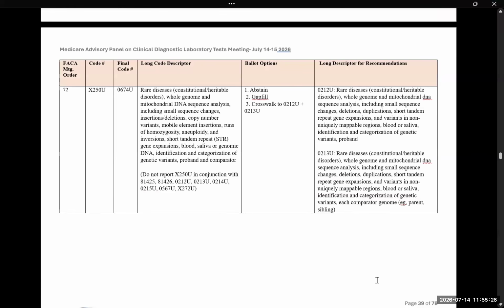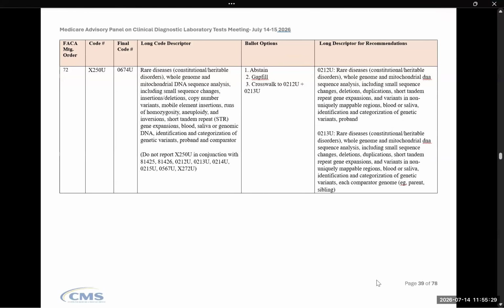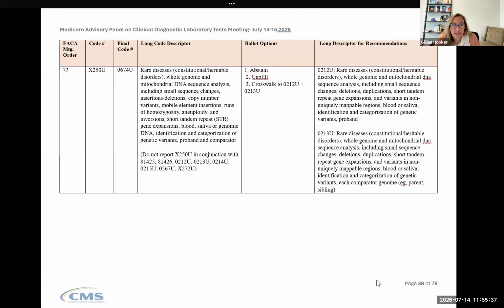All right, next up in this sort of similar series, X250U with a final code number of 0674U. Yes, in this case, it's 0674U. That's correct.